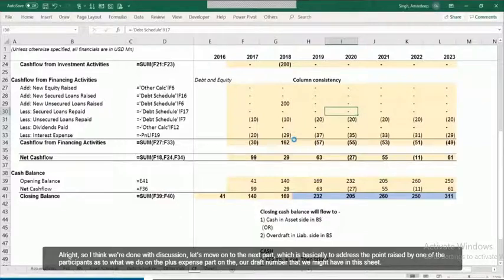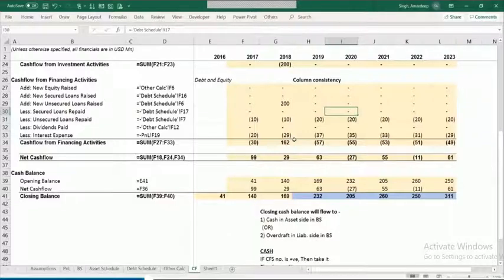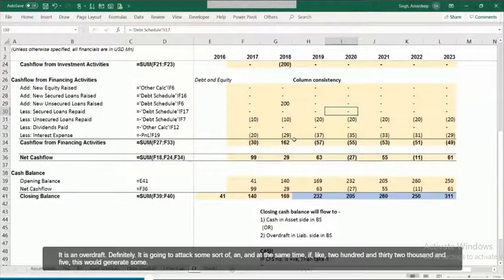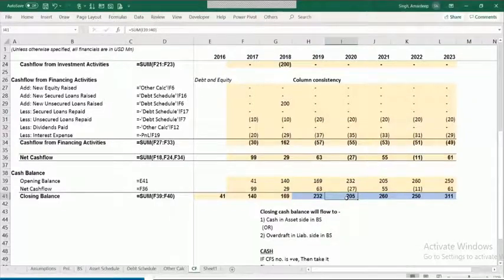Let's move on to the next part, which is basically to address the point raised by one of the participants as to what we do on the interest expense part on the overdraft number that we might have in this sheet. If there is an overdraft, definitely it is going to attract some sort of interest, and at the same time, if there is cash, like 232, 205, this would generate some sort of interest income for us.